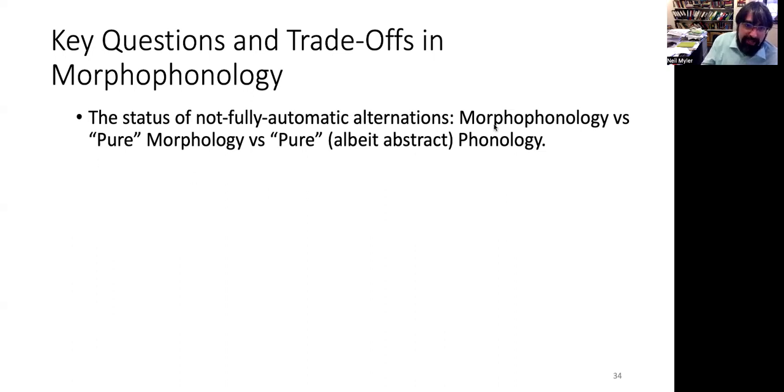So the only things that have legs here are morphophonology on the one hand and pure phonology on the other. And if that's where we are, then you end up having to pursue pure phonology if you're trying to maintain modularity, and this is a point that I'll get back to.